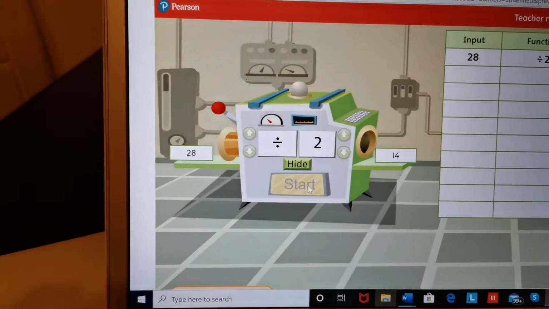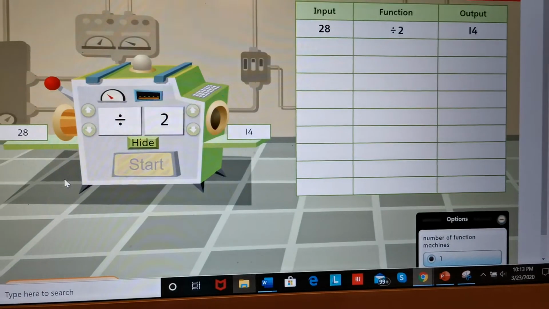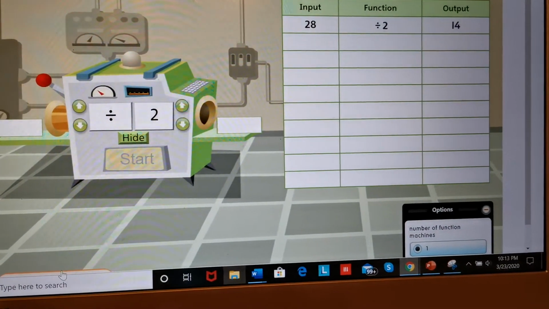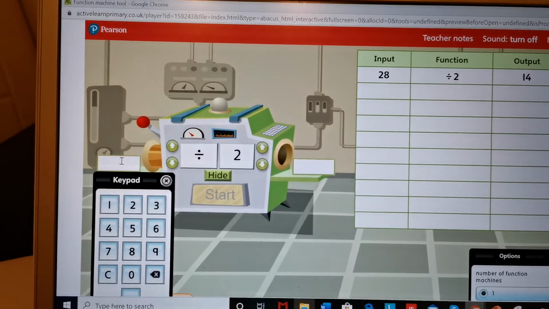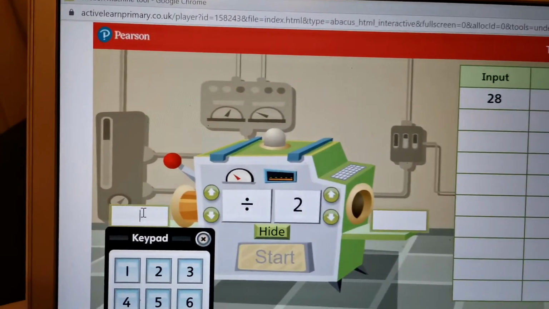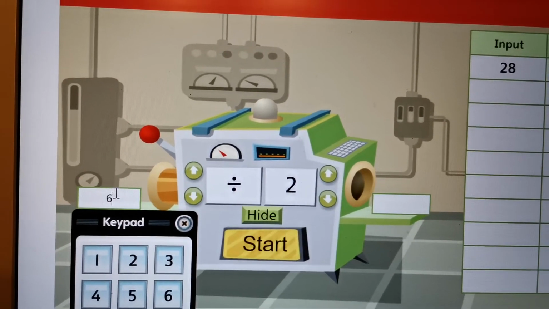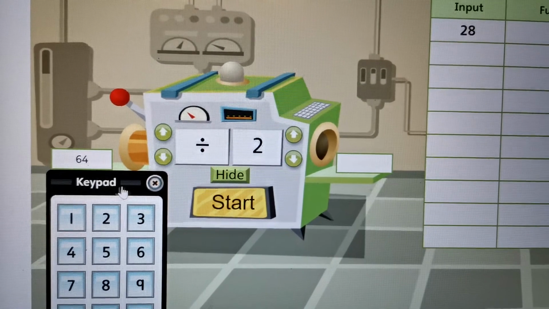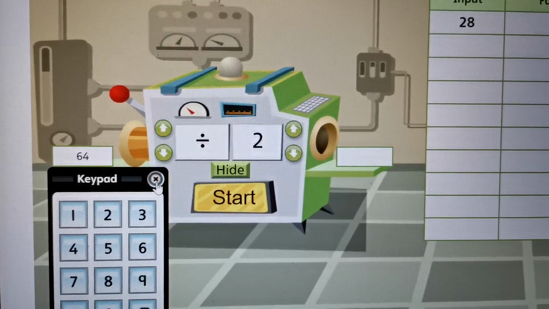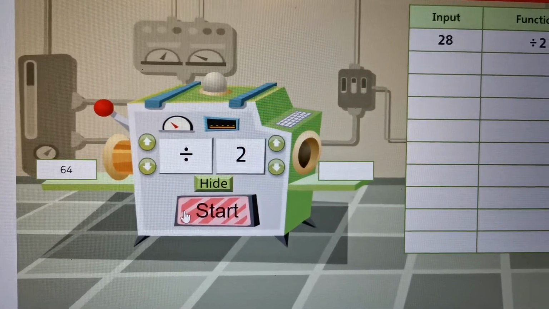Okay, so let's try another one. How about 60, let's do 64, okay? Another not particularly tricky one.